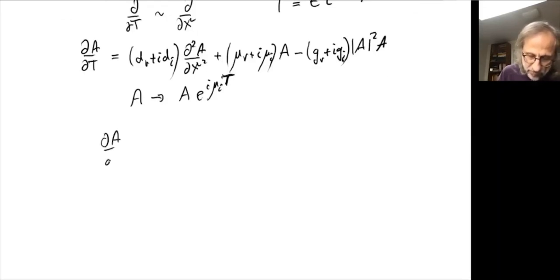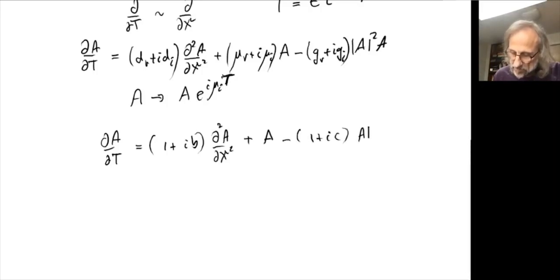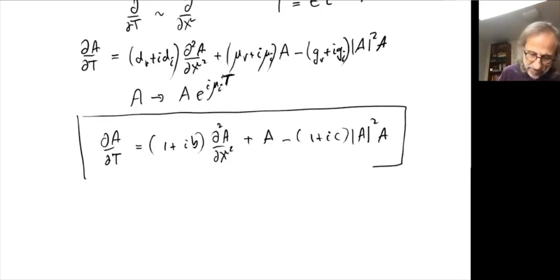I'm not going to introduce different variables for that. I just write it with the same symbols. So we have 1 plus i b times the second derivative of A with respect to x, plus A minus 1 plus i c, times the absolute value of A squared times A. So that's the equation we get.